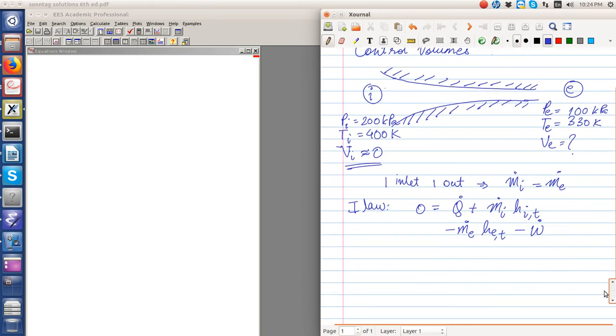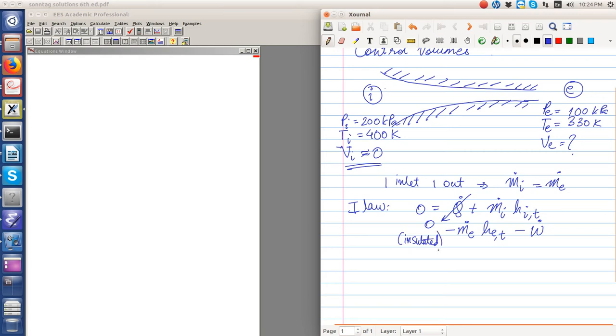This quantity Q dot is 0 because it is insulated. This quantity W dot is 0 because there is no work extraction from a nozzle.